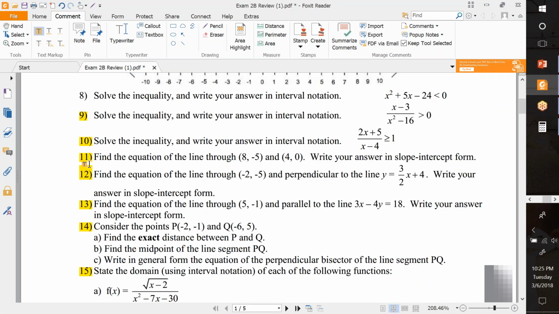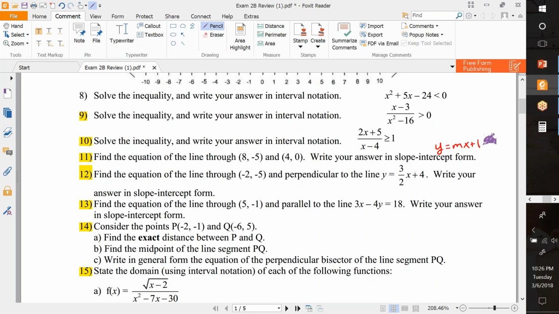So it looks like we had a question about 11. I'm going to probably work this one out on the Word document as well, just because we didn't leave a lot of spacing here. So it says we're going to find the equation of the line through (8, -5) and (4, 0). And we're going to write our answer in slope-intercept form. Remember that slope-intercept is y equals mx plus b.